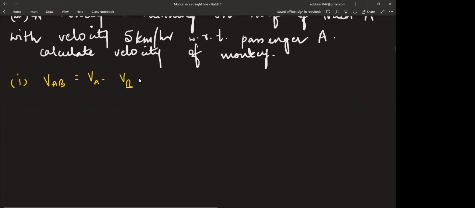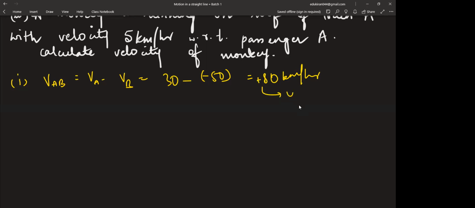If we put in the values, VA is 30 minus minus 50. So this becomes 80 kilometer per hour. This is plus, so it is showing upwards, which is towards the north.